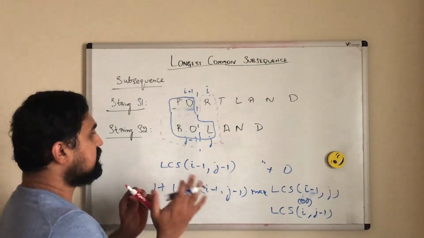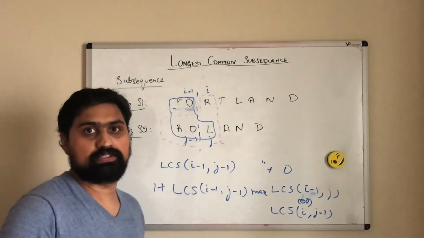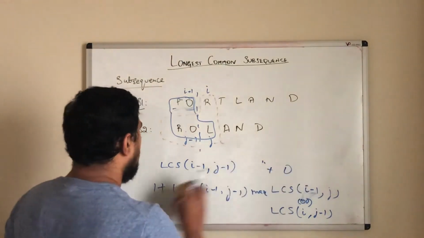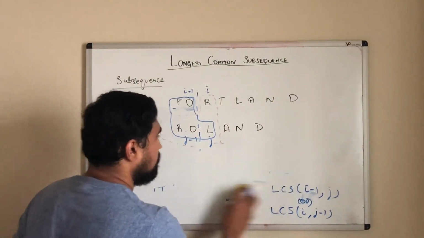If we want to represent this mathematically, then we'll get the recurrence relation. So let me erase this.